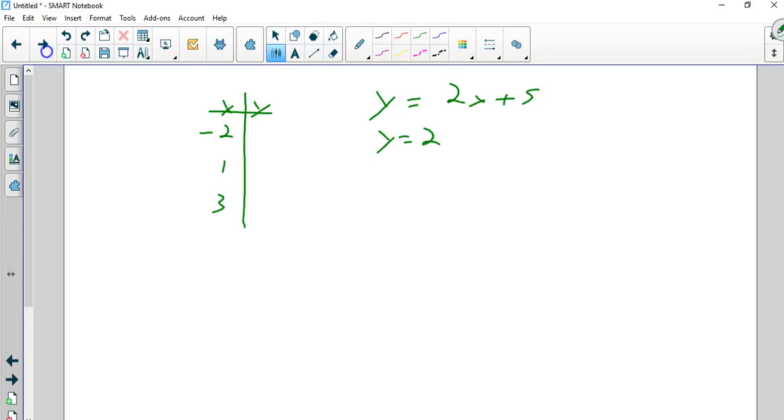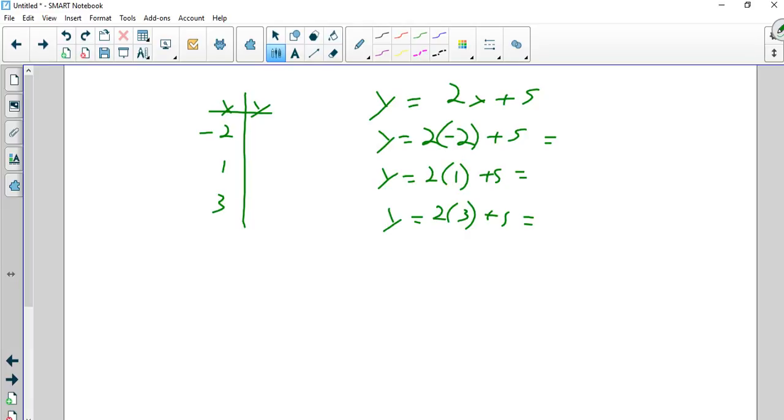Y equals 2 times -2, which is my x, plus 5, and see what you get. Y equals 2 times 1 plus your 5. Y equals 2 times 3 plus your 5.